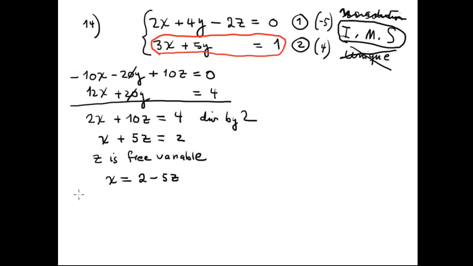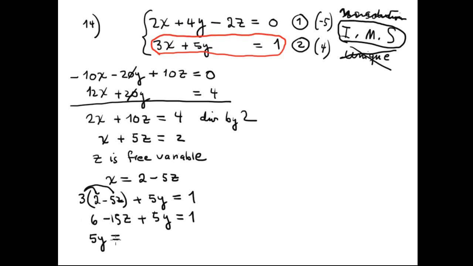Thus I have 3 times (2 minus 5z) plus 5y. Now apply the distributive property here: 6 minus 15z plus 5y equals 1.